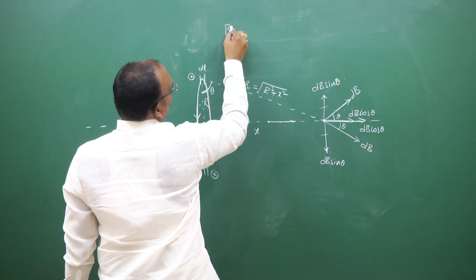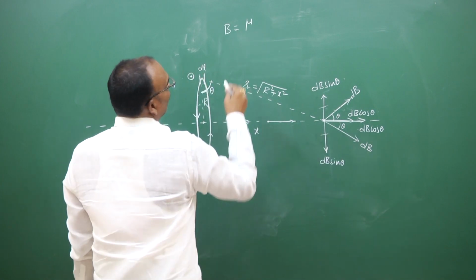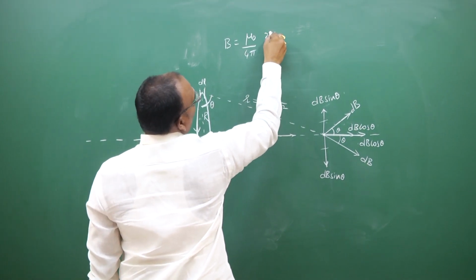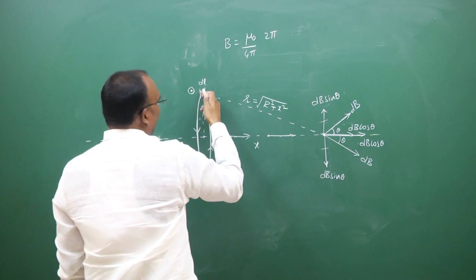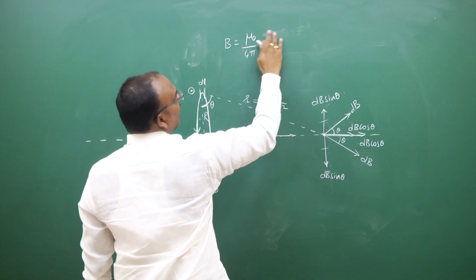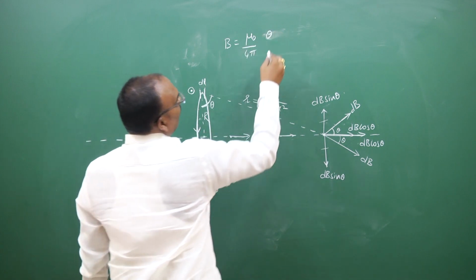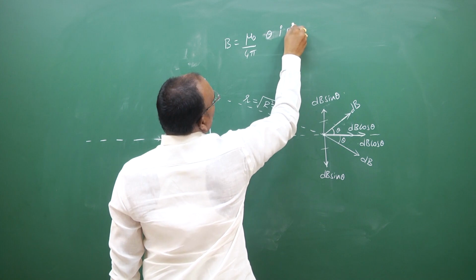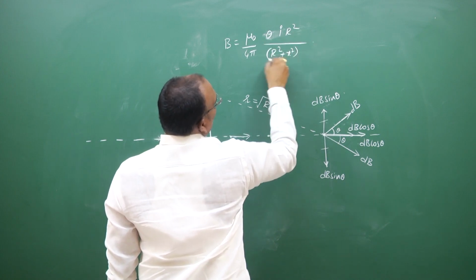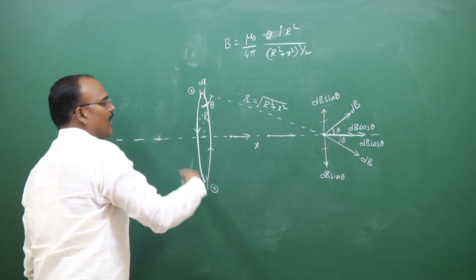Just now we have derived the magnetic field at any point along the axis. B is equal to μ0/4π. Here we got 2π. This 2π I can write as the angle of the circular loop, that can be written as θ. We have I R² divided by (R² + x²)^(3/2). This is for only one turn of the loop.